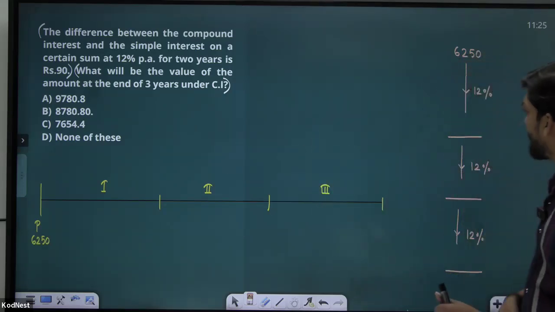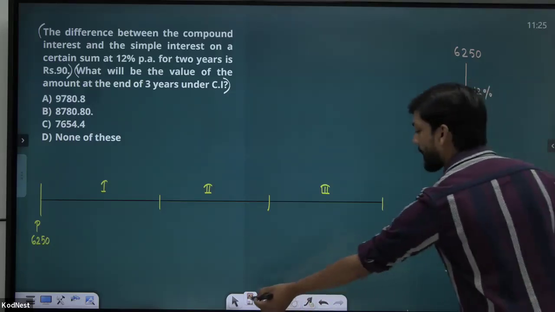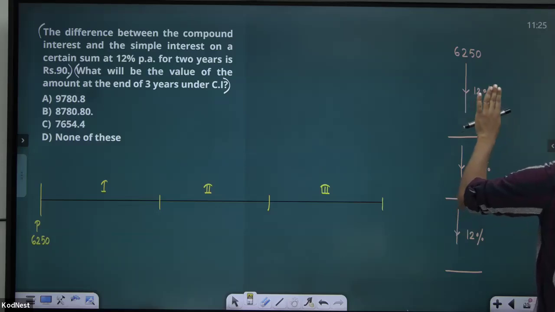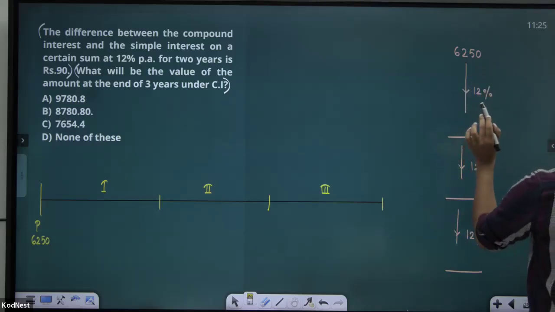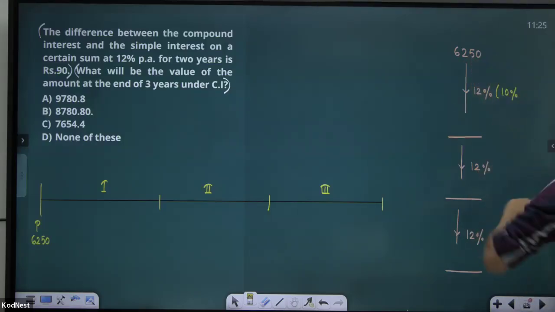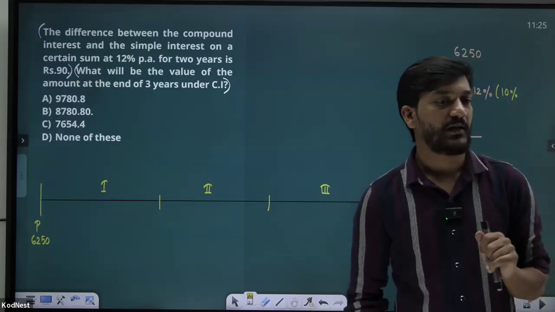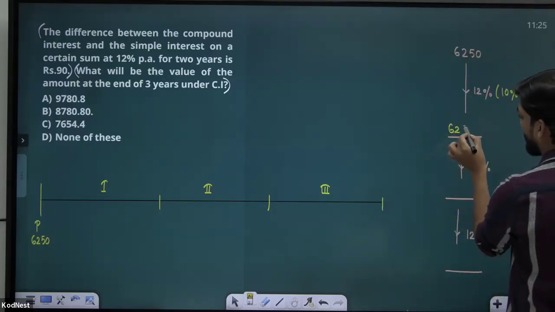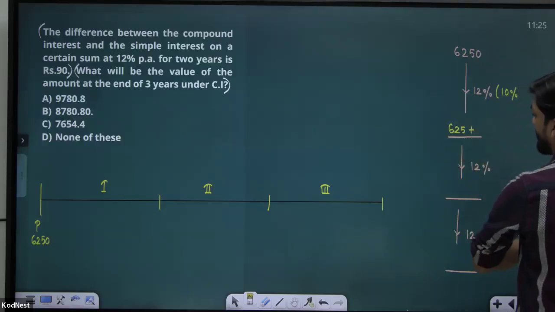Now you have to answer me. Carefully tell. 12% we'll see later. First you tell me 10%. How much is 10% of this? 625. This is 10%.